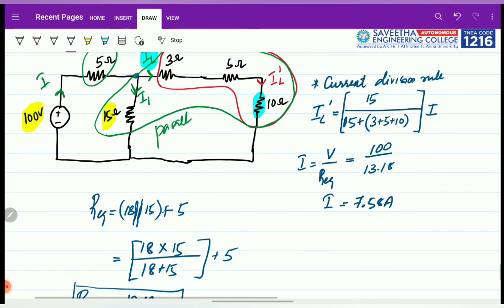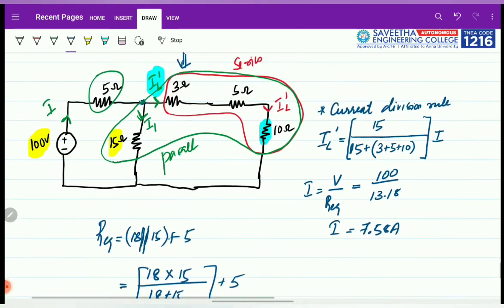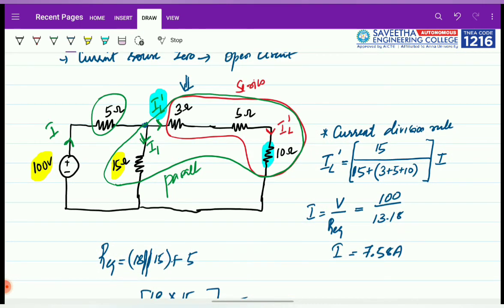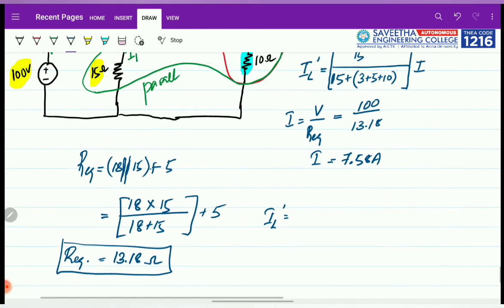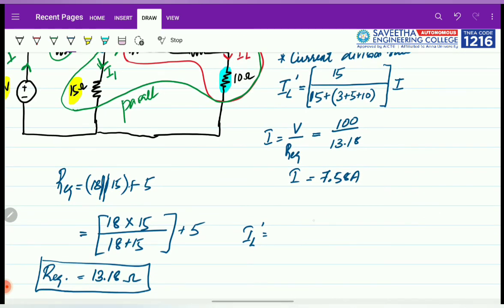Now let us substitute in the actual equation to find the value of IL dash. So IL dash is equal to the resistance 15 divided by 15 plus 18. So it is 15 plus 18 in the denominator, which is nothing but 33. So it is 15 divided by 33.